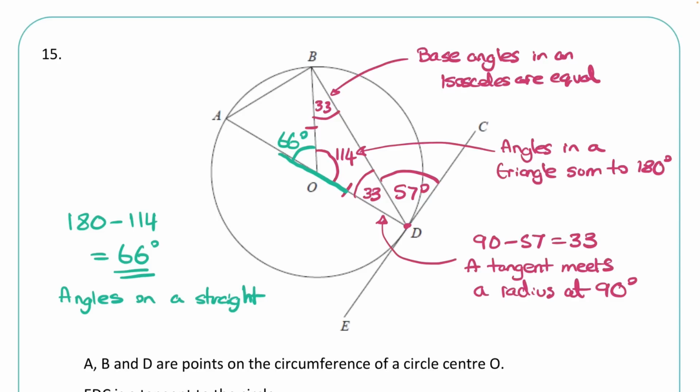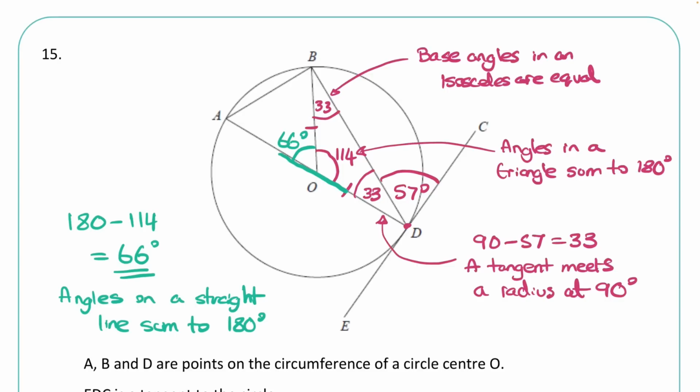You might have spotted there's another way. So we'll just discuss another way as well, because this was quite a good question. Actually, what you could have done, and I'm going to highlight over the top of this, I'm not going to rub it all out, but you could have found some of the angles using the alternate segment theorem.